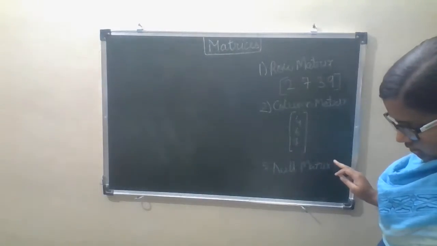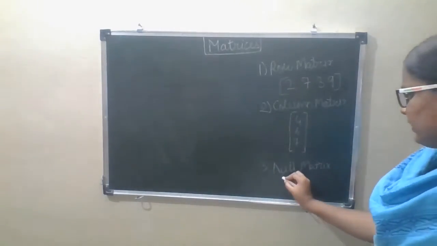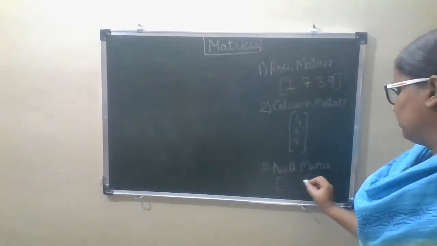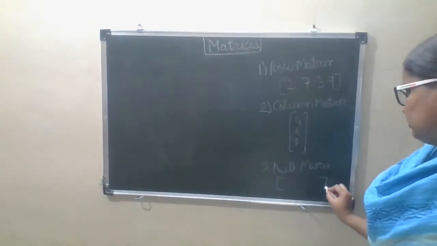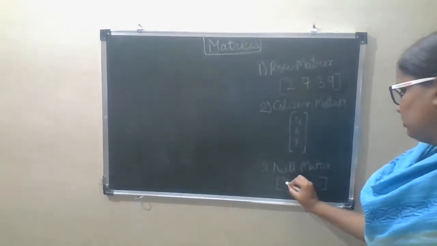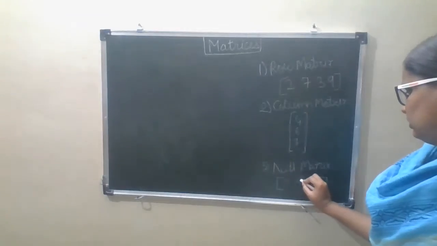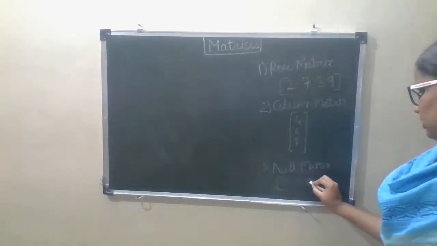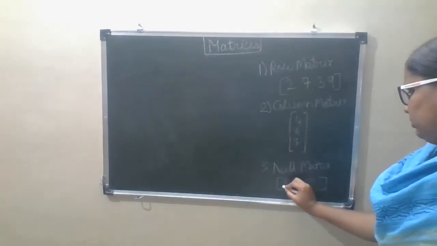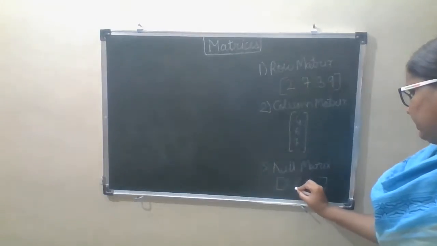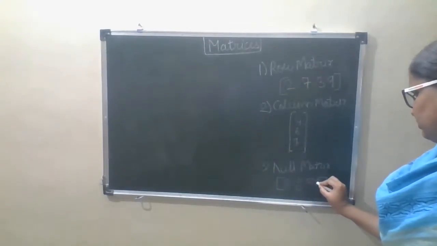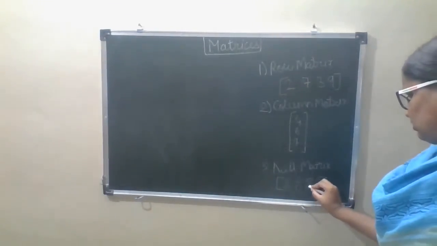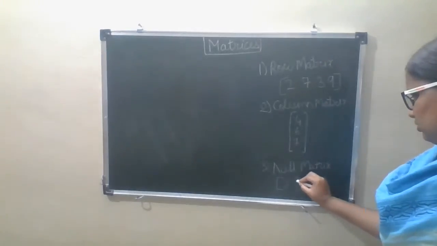Null matrix means zero, wherever it will be, and no non-zero elements will be there in this matrix.